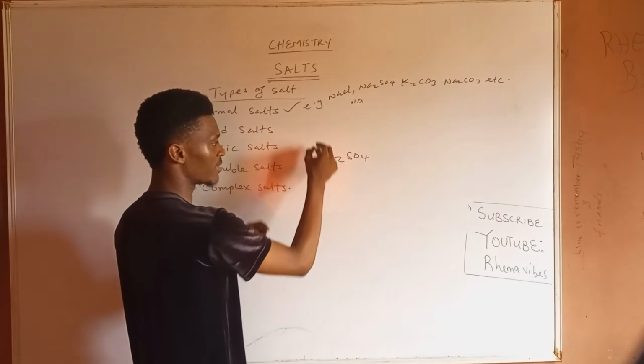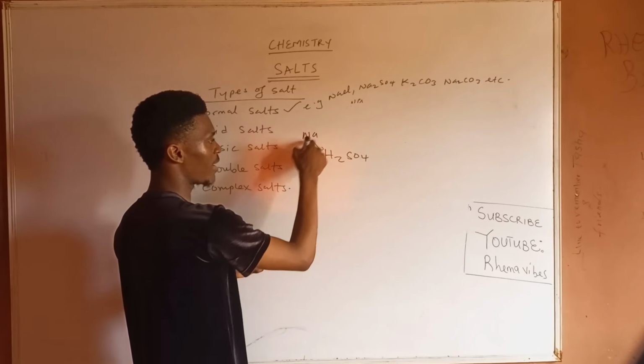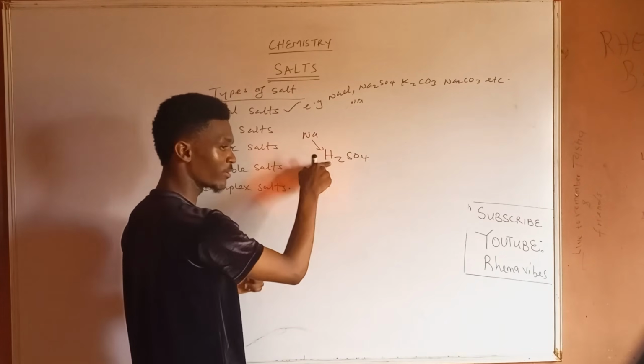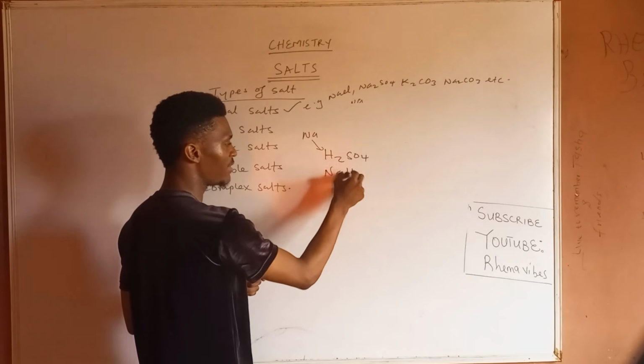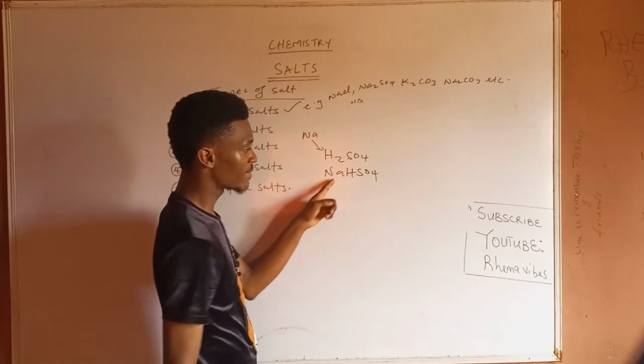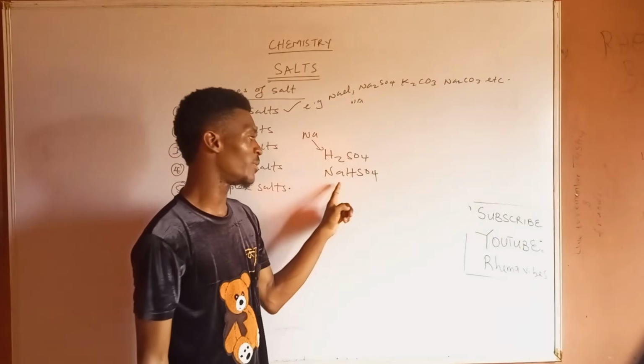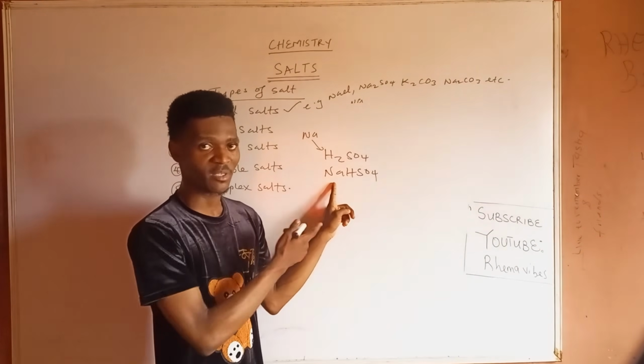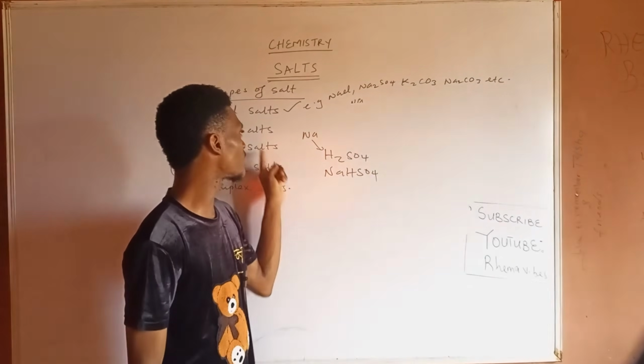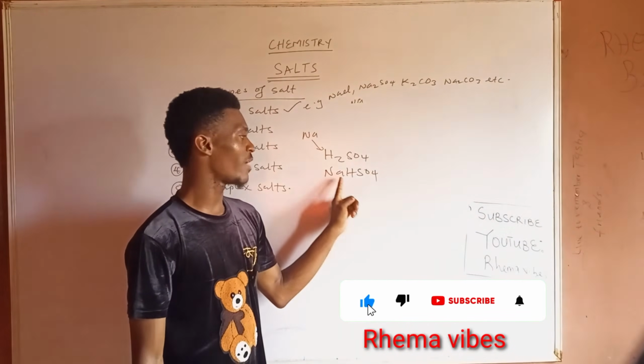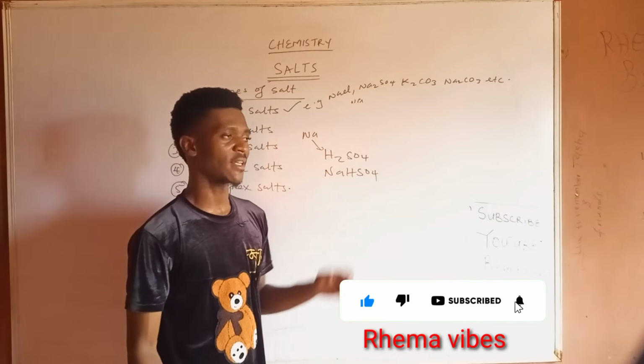So if I'm just having one sodium atom replacing one of the H, it forms NaHSO4. In this case, I didn't replace the two H, I only replaced one with a metallic ion. That's partial replacement, and that ultimately gives what? An acid salt.